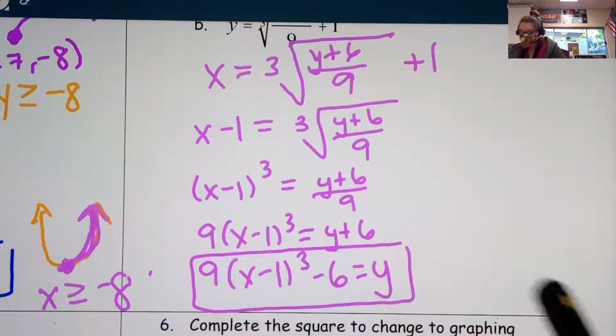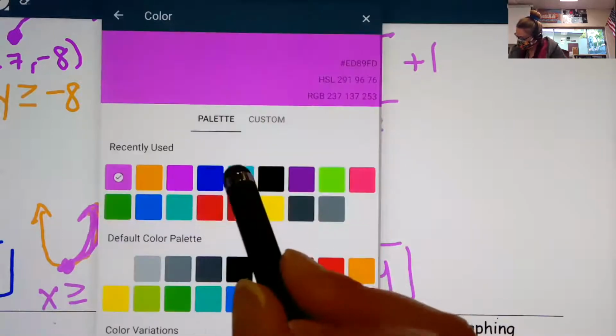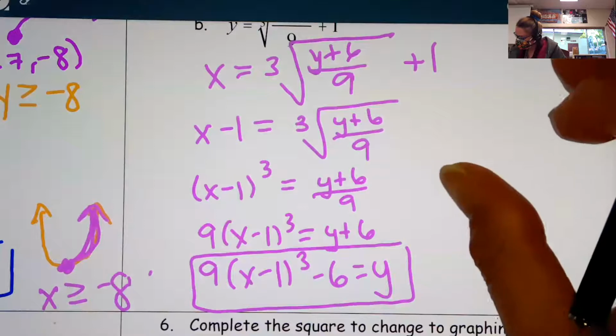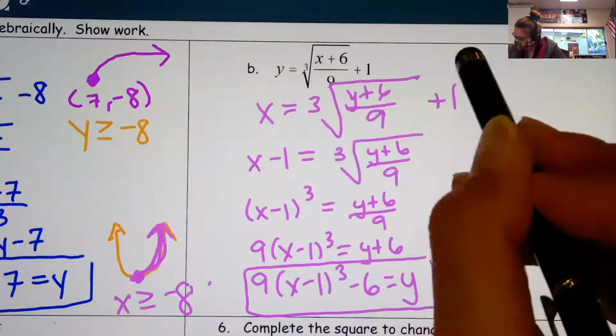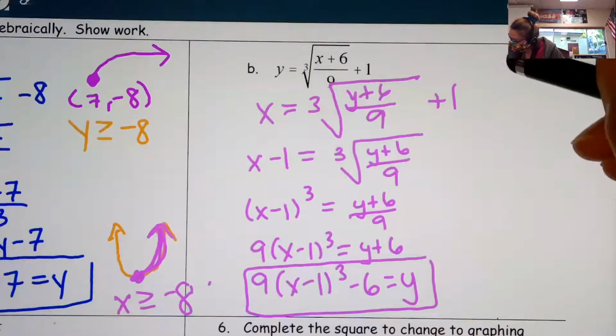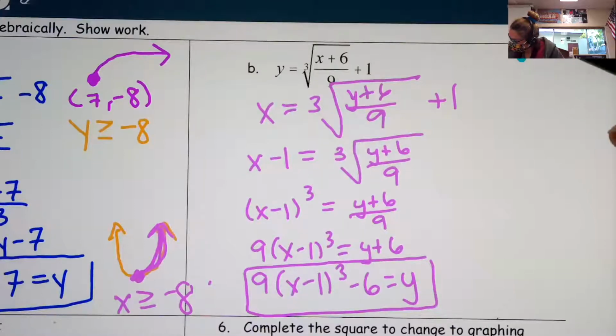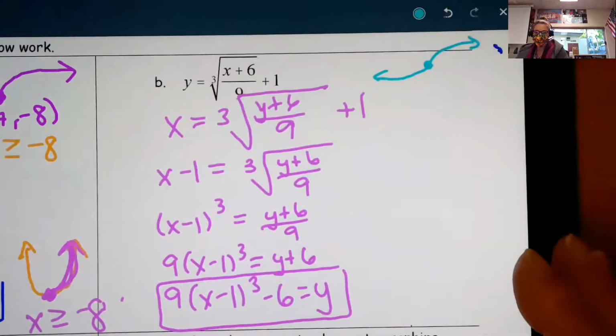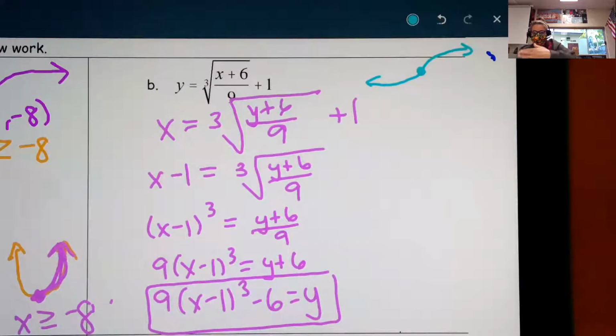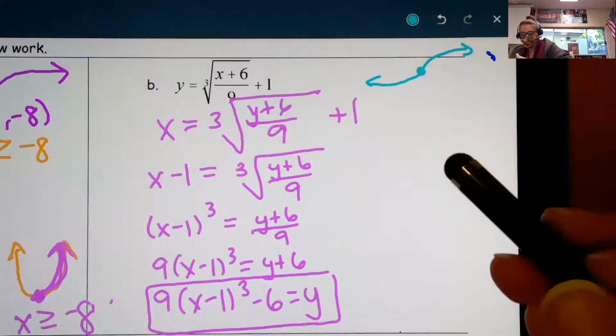And that's my inverse. Now, when we're dealing with these graphs, my original one is something like this. That's what the cube root is.